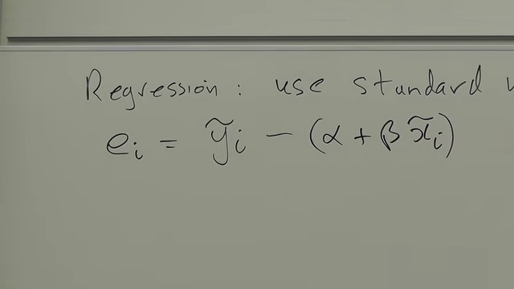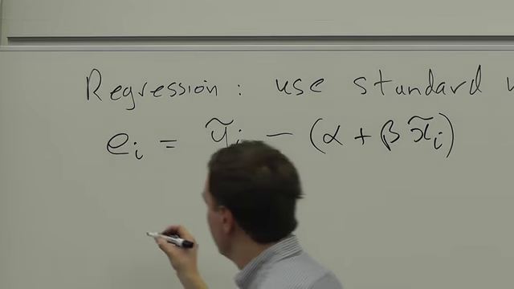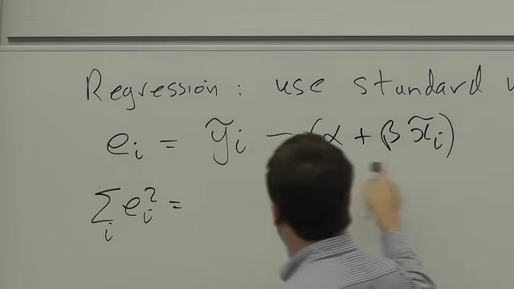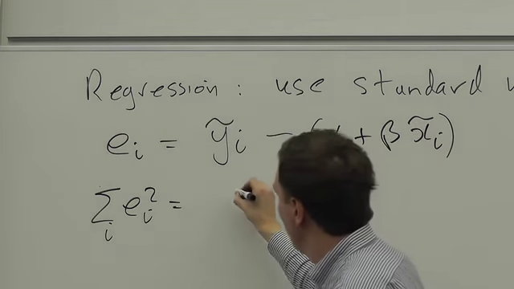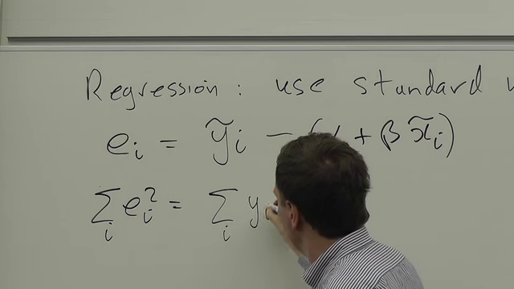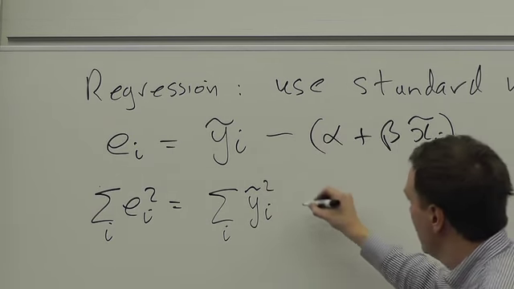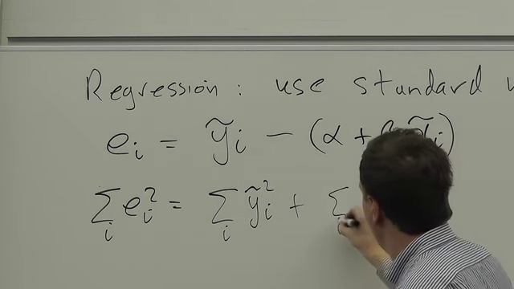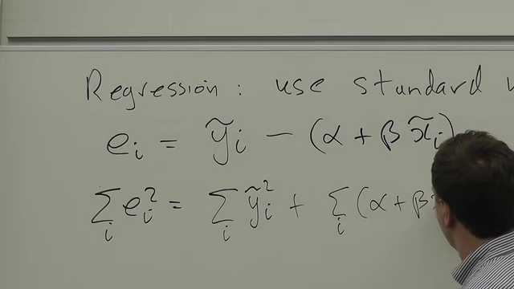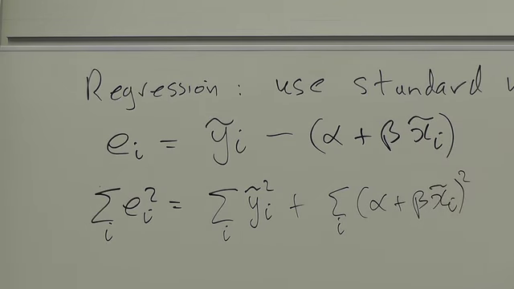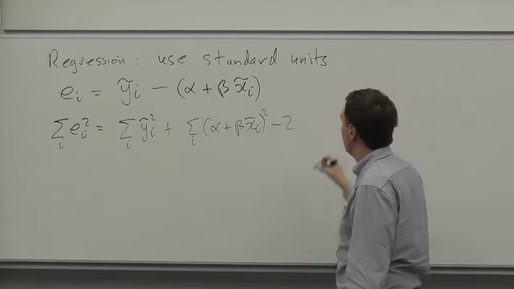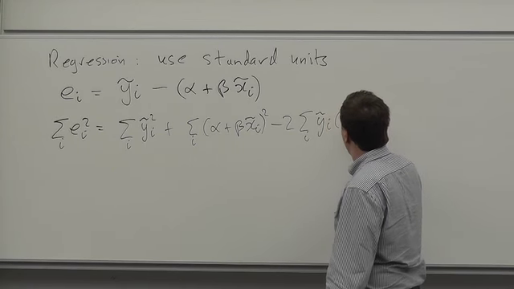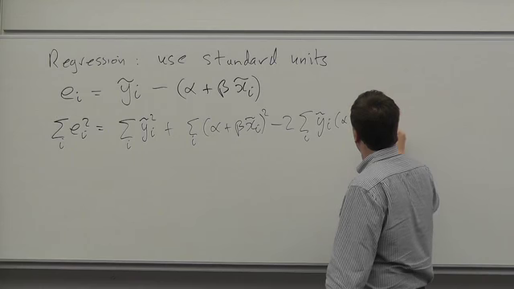And what do we do? We form the sum of the squares of these things. So we want the sum over i of ei squared. And so we expand out this process here. We get the sum over i of y tilde i squared. We get this thing squared as well, so we get the sum over i of (alpha plus beta x tilde i) squared, and then we get minus twice the sum over i of y tilde i multiplied by (alpha plus beta x tilde i).